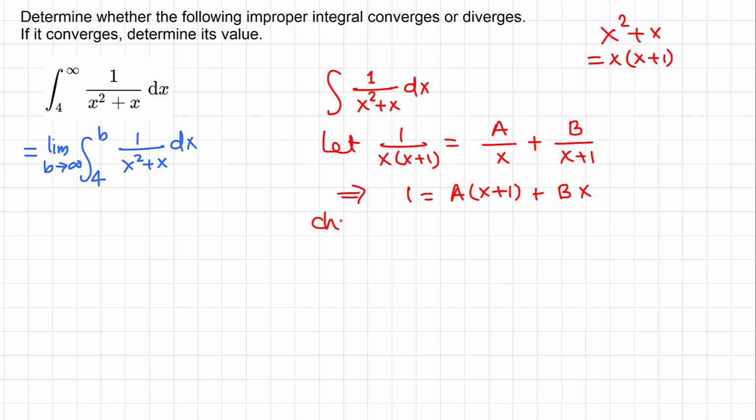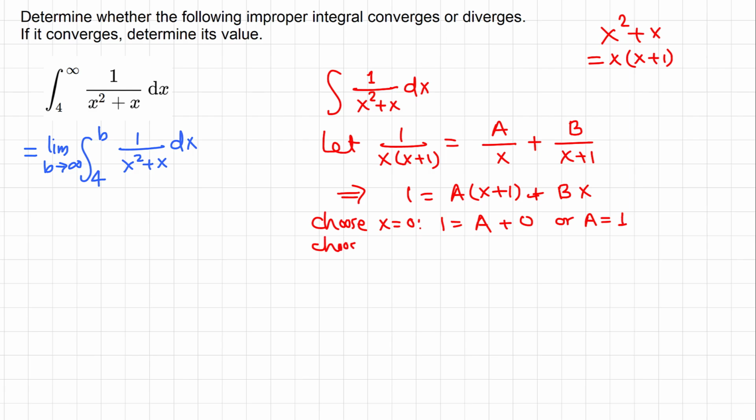Now we choose x values so that we can isolate A and B. If we choose x equals 0, this is 1 equals A times 0 plus 1, just A, plus B times 0, just 0. So A plus 0 is A, equals 1. So that means the A value is 1.